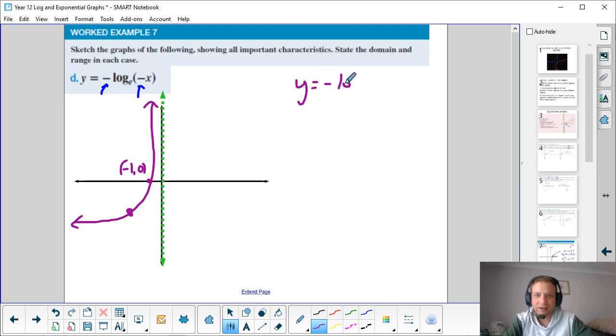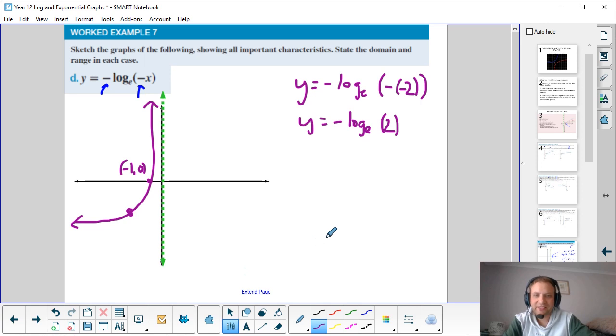So we'll have the negative log base e, and we're substituting -2. There was a negative already there, so we probably know what's going to happen if I've got a negative and a negative. It's just going to be 2, which means all we've really got here is log e 2.